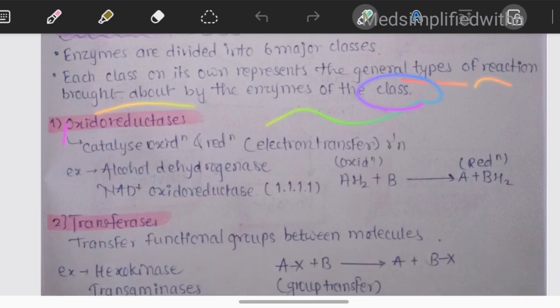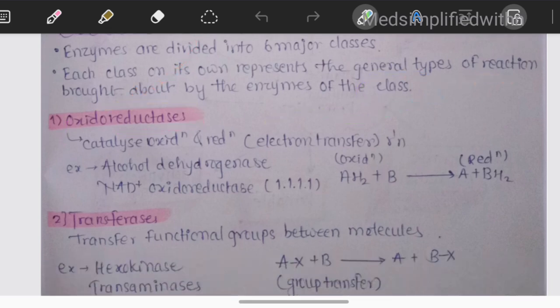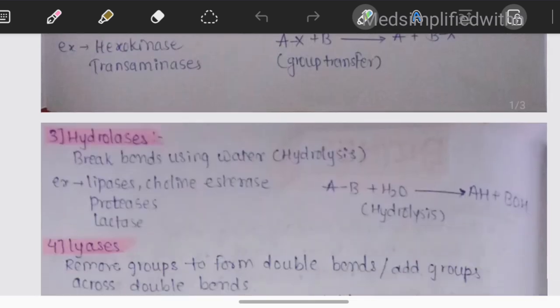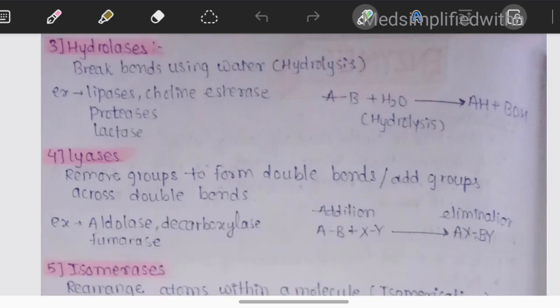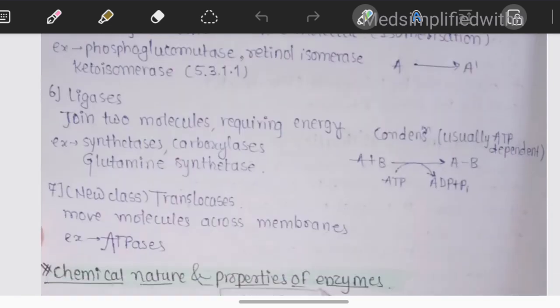First one is oxidoreductase. O for oxidoreductase, T for transferase, H for hydrolases, L for lyases, I for isomerase, and finally L for ligases, and here one new class, translocases.